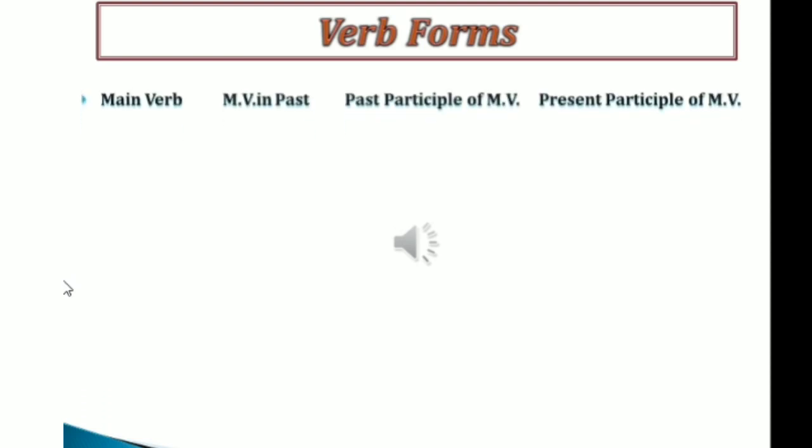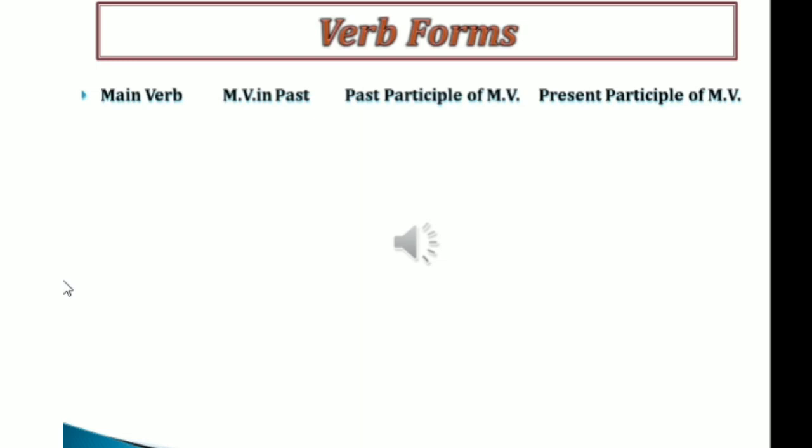With this chart, we can easily understand the difference between regular verbs and irregular verbs. Before that, let me tell you, there are four forms of verbs. First, main verb, which is called root verb as well. Second form, main verb in past, or past tense of main verb.